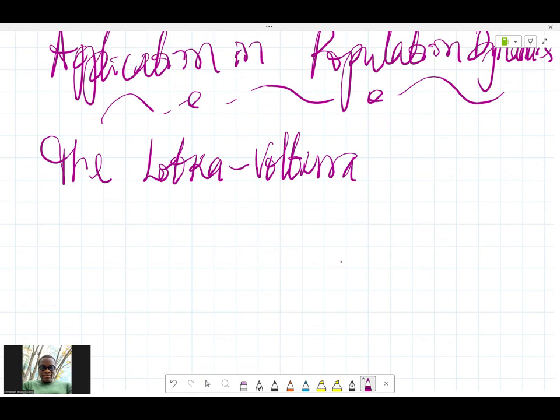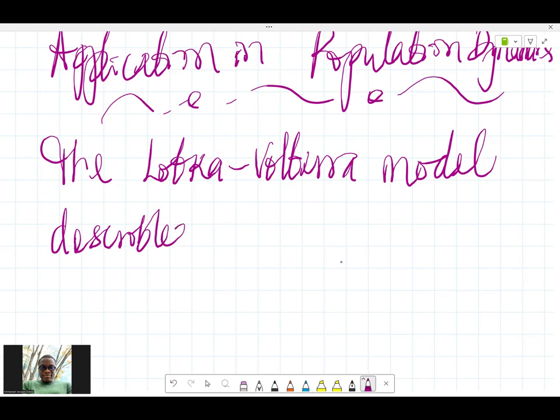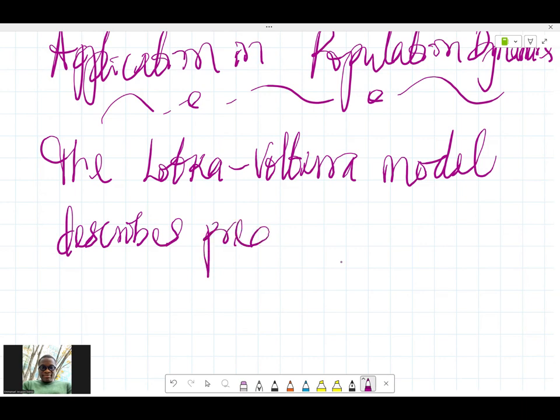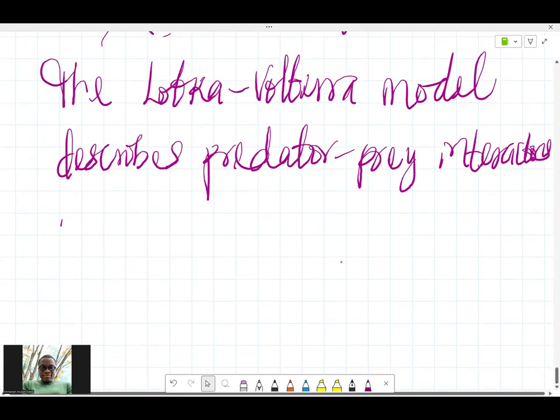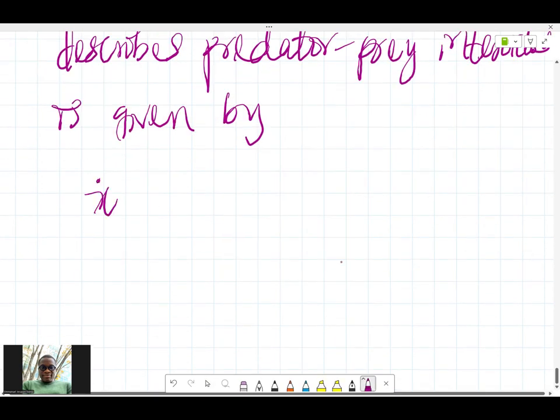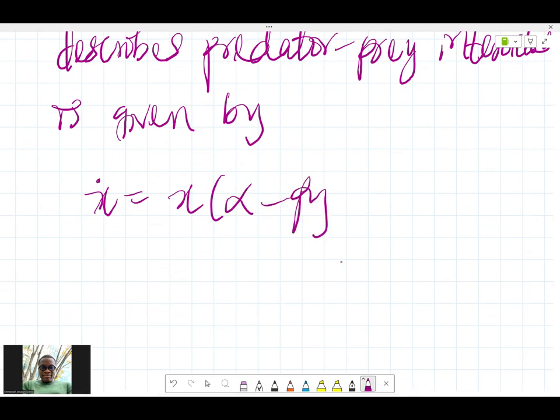The Lotka-Volterra model, which describes predator-prey interactions, is given by this system. x dot equals x into alpha minus beta y. Okay, x into alpha minus beta y.